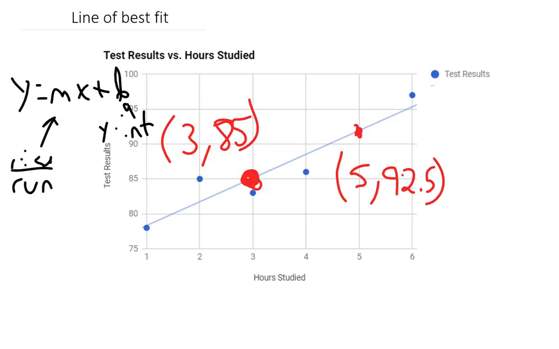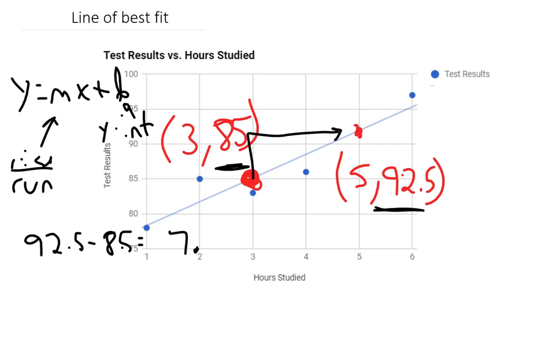So the first thing I've got to find is my slope, which is my rise over my run. To find my rise, I've got to find my change in y. So I've got to find what the change is between 85 and 92.5. To do that, I could do 92.5 minus 85, and that'll give me a value of 7.5.